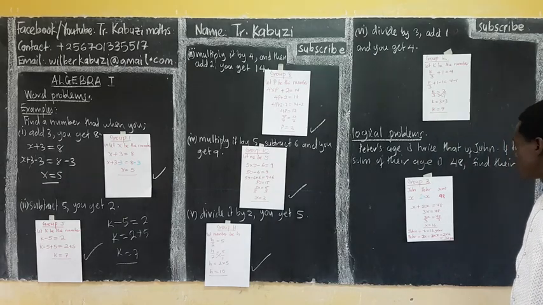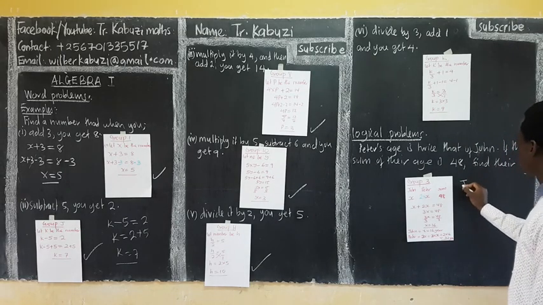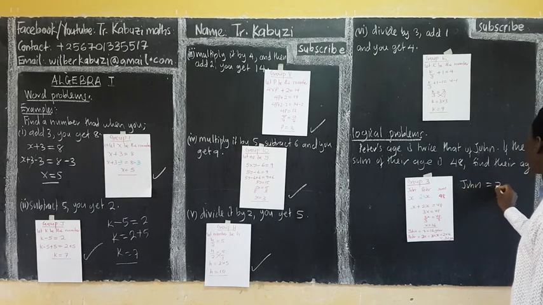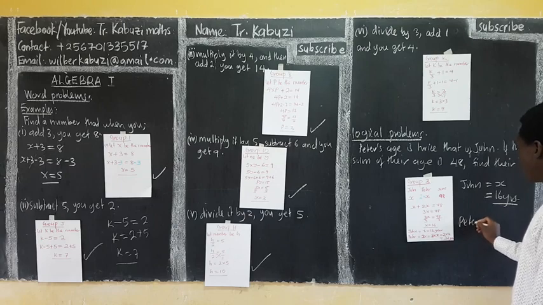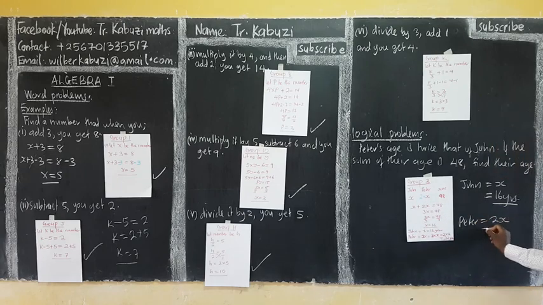So John is equal to x years, which is 16 years. Then Peter is twice x from here. So it's going to be 2 times 16, which is 32 years.